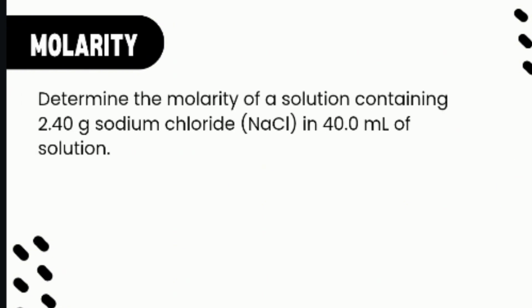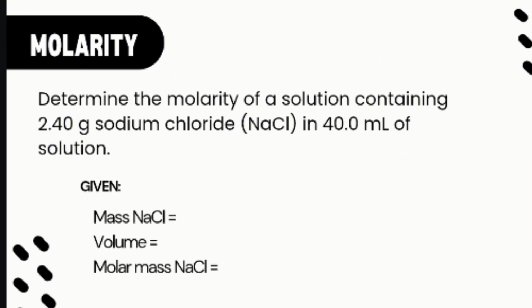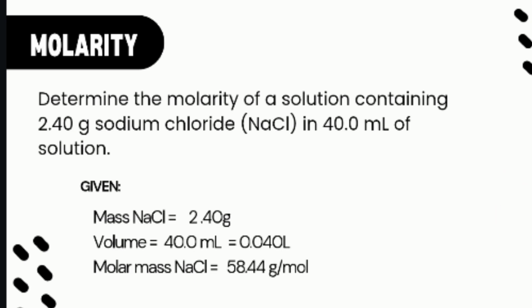So next, the problem that we're going to discuss is molarity. Determine the molarity of a solution containing 2.40 grams of sodium chloride in 40.0 ml of solution. The given are the mass of sodium chloride, 2.40 grams, the volume, 40.0 ml, and the molar mass, 58.44 grams per mole.